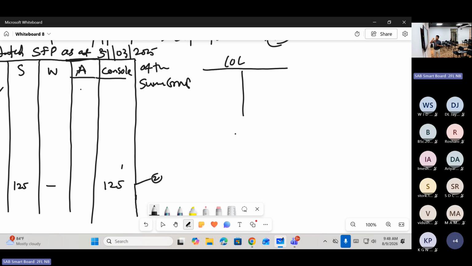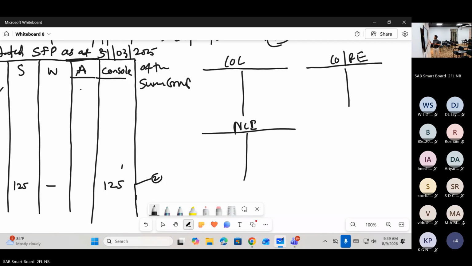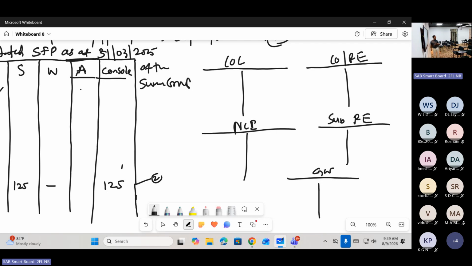Cost of control. NCI. Console. Subsidiary earnings. Here. Goodwill.